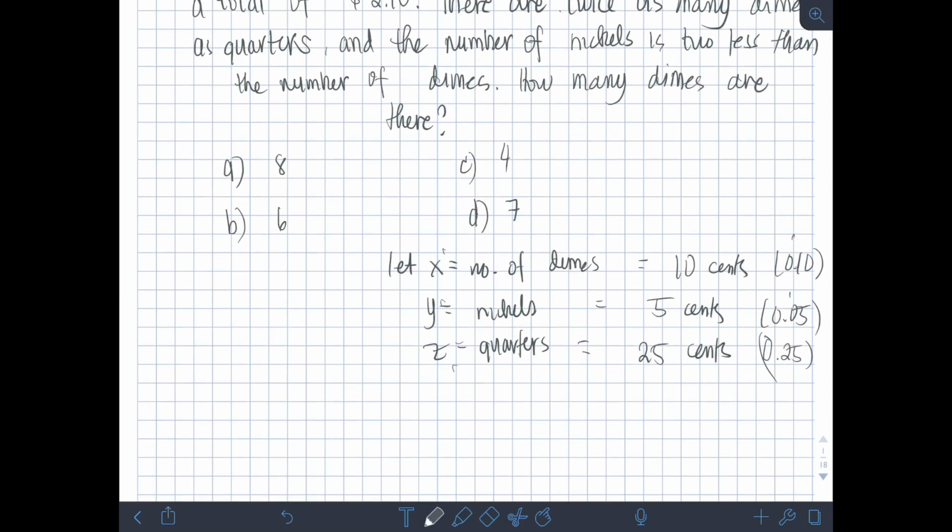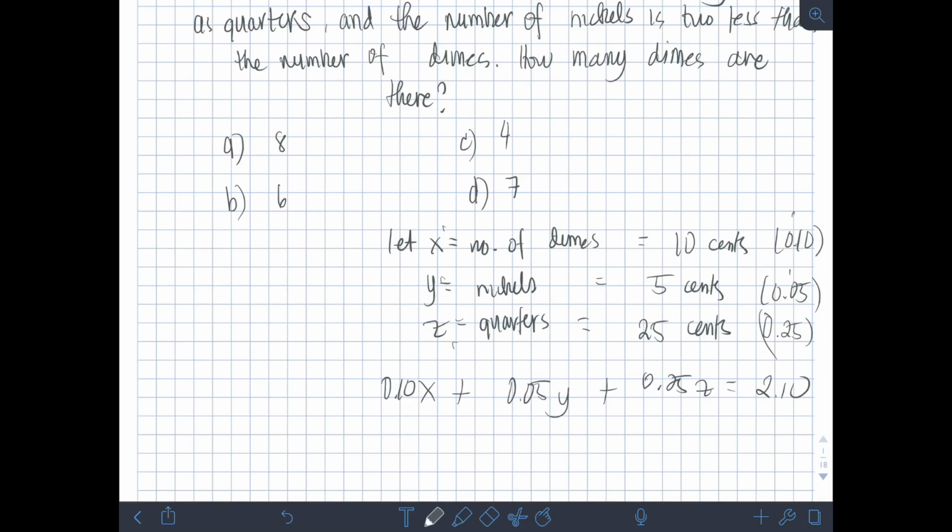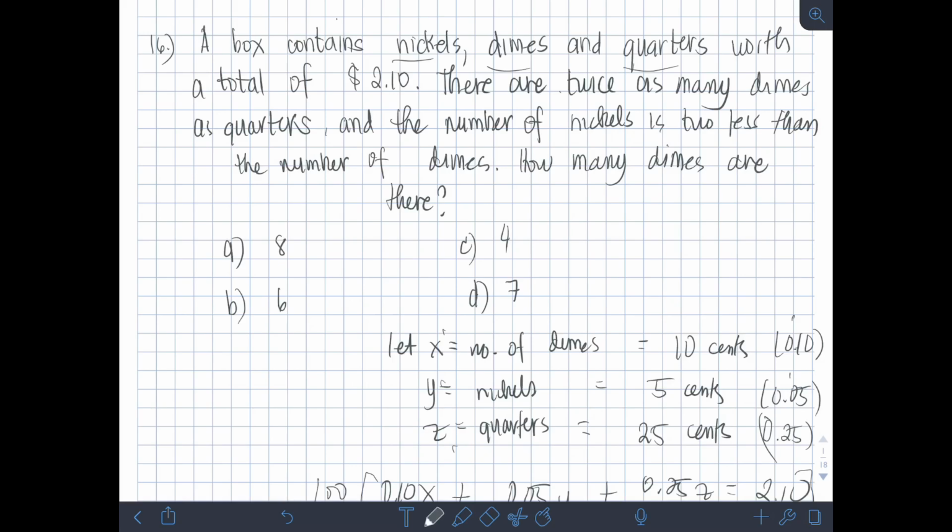So, we have 0.10x plus 0.05y plus 0.25z is equal to 2.10. Okay? Now, para mawala yung decimal point, pwede na natin i-multiply to both sides by 100. So, we have 10x plus 5y plus 25z is equal to 210. Equation 1.